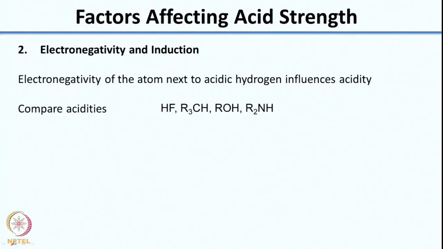Now I have shown you on your screen 4 different acids. Based on this concept, I would like you to compare their acidities. Which would be most acidic and which would be least acidic? If you were to compare the acidities, you will see HF would be most acidic, greater than that would be ROH, greater than that would be R2NH, and greater than that would be R3CH.